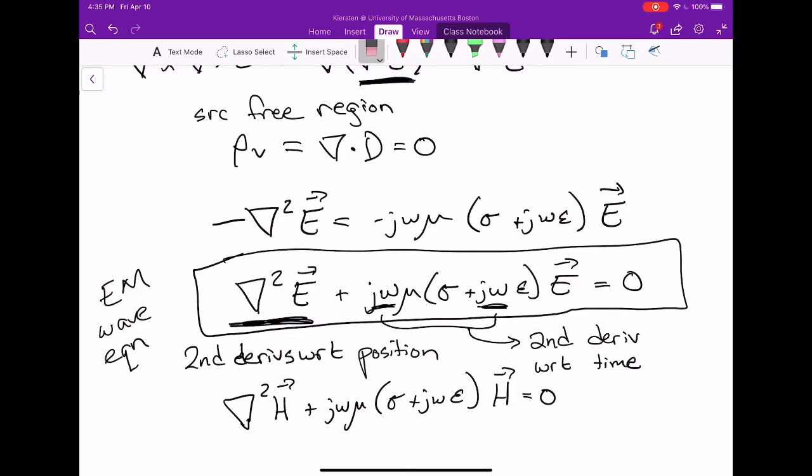I have a sign error right there. When I moved over that Laplacian, I flipped a sign. So that should be a minus sign, and that should be a minus sign. My apologies.